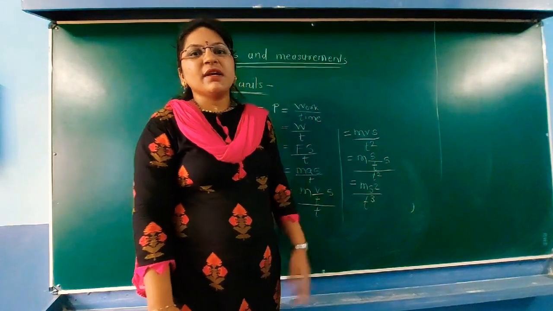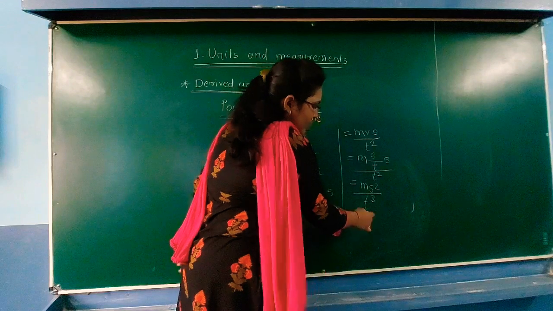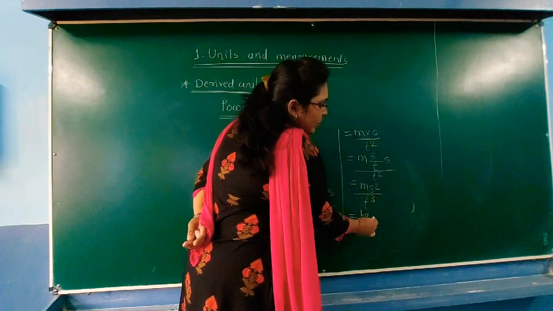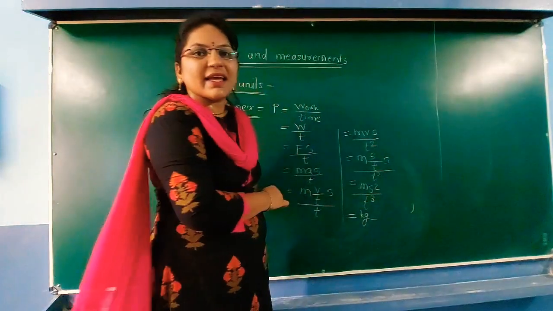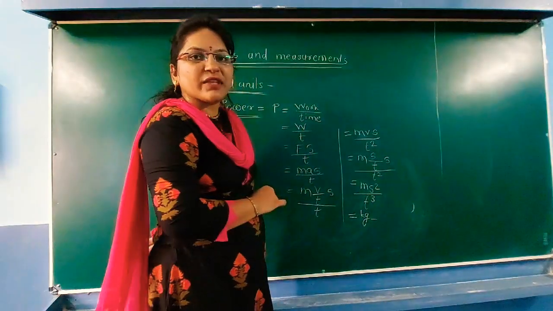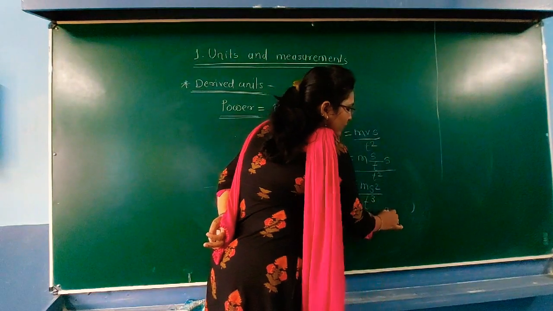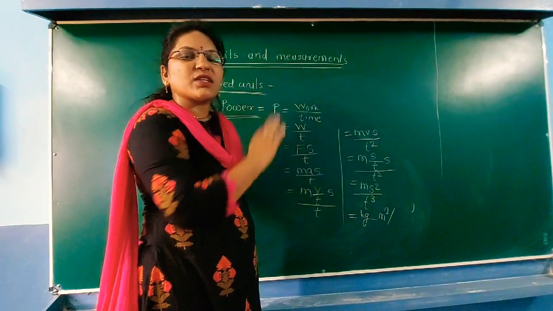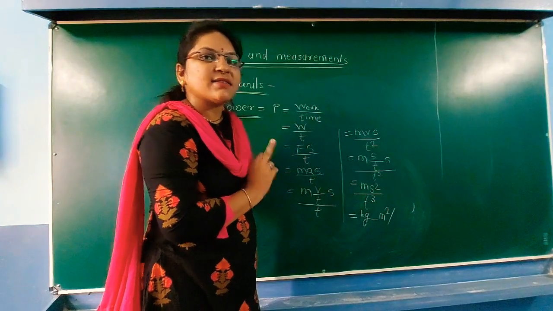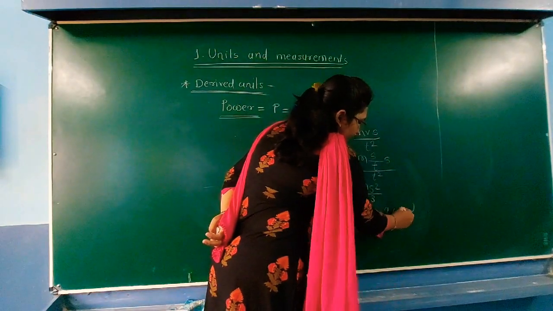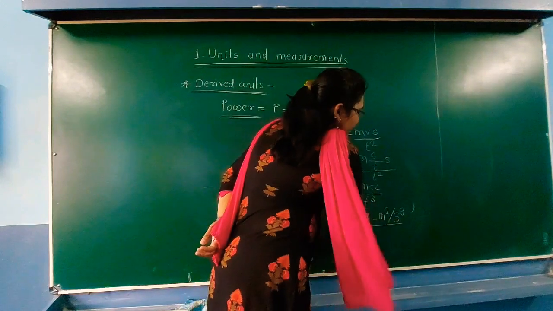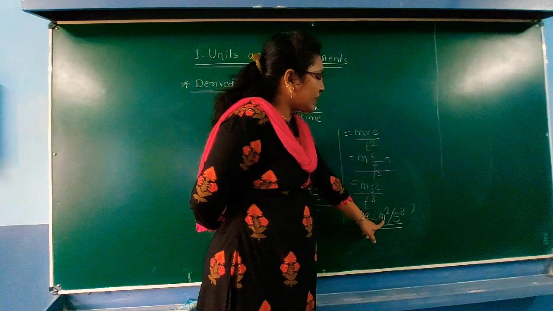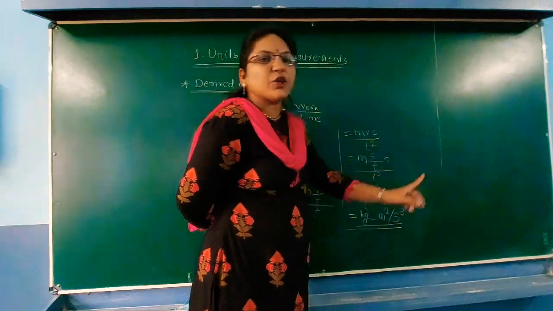So we can write the SI unit. What is the SI unit of mass? Kg. Then S means length, so there will be the square of the length, meter square, upon T cube. T cube means time raised to 3. The SI unit of time is second, so we get second raised to 3.